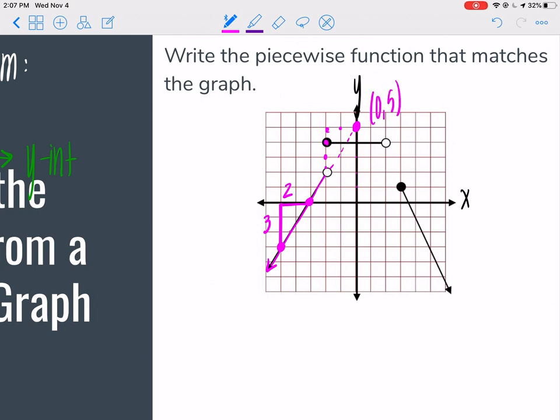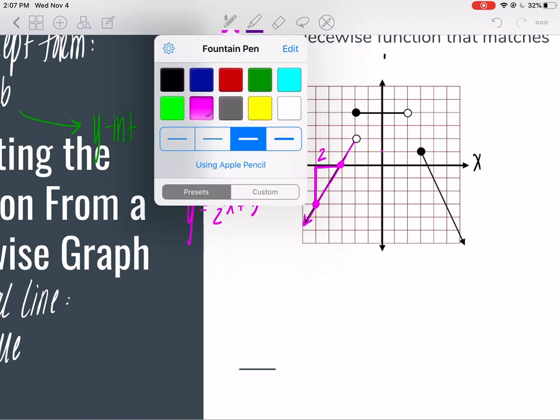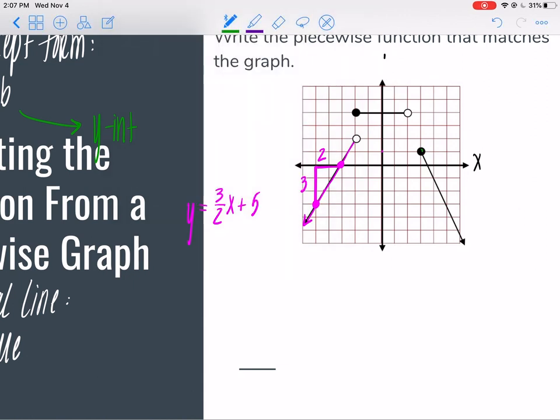So we've got our y-intercept and our slope here. So we would write y equals 3 over 2, so up 3 over 2, that's rise over run, times x plus 5, which is where it crosses the y-axis, (0, 5). Okay, then let's look at the next one over here all the way to the left.